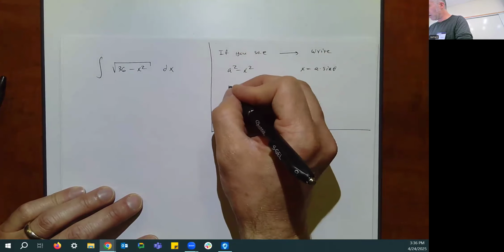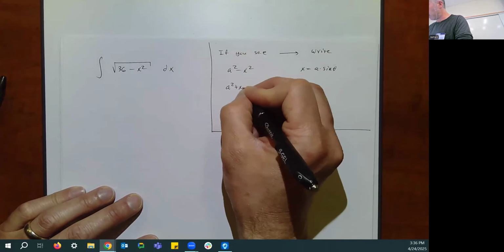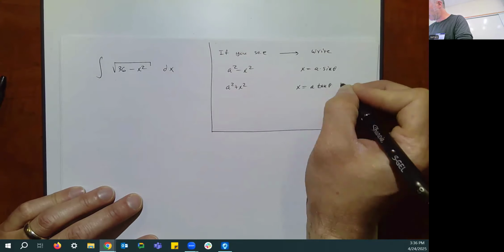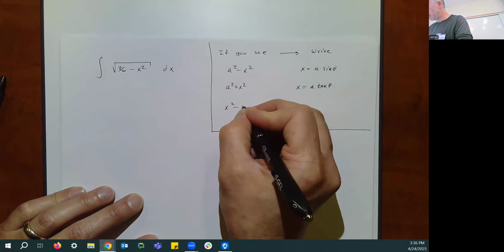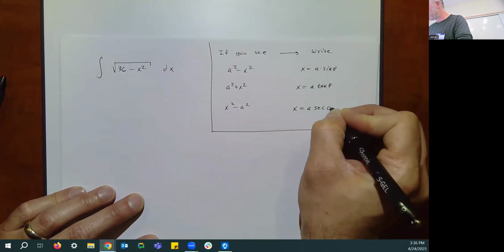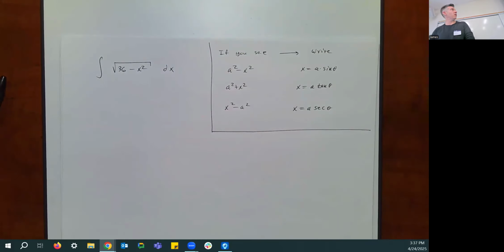If you see a squared plus x squared, you're going to let x equal a times tangent theta. And if you see x squared minus a squared, you're going to let x equal a times secant theta. So in this case, you're going to let x equal some multiple of some trig function. So find your x, find your dx, rewrite your integral in terms of theta.